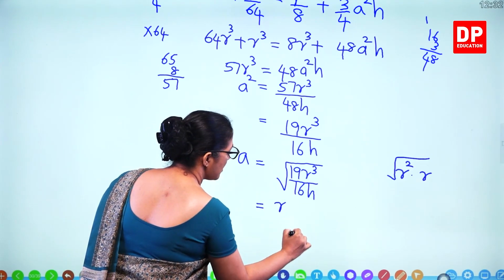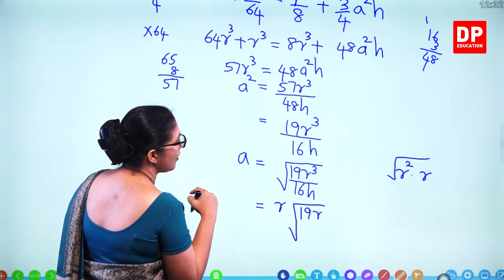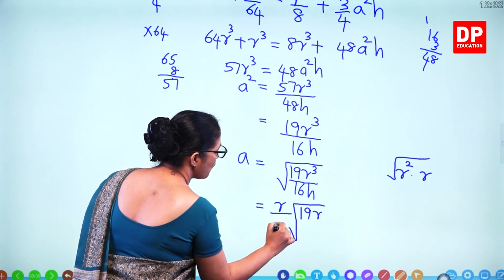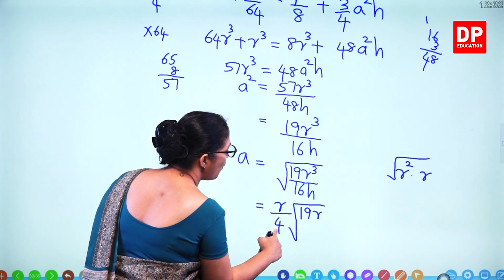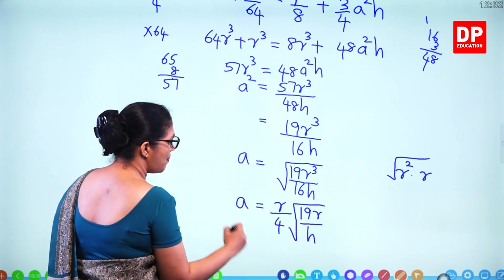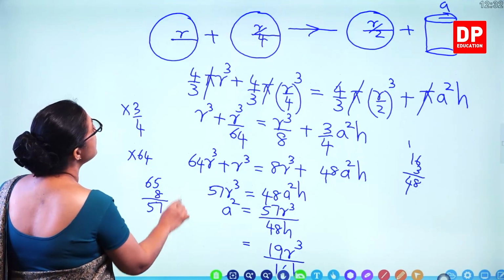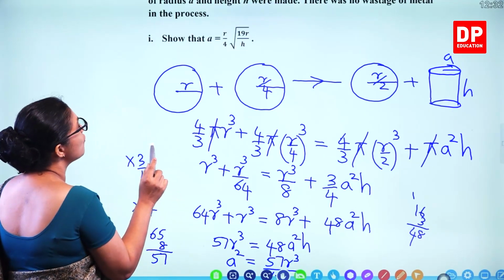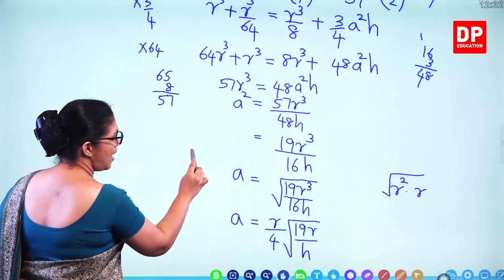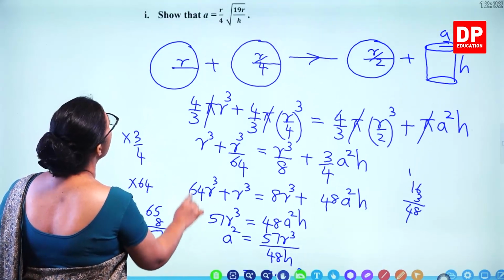One r is inside, and the square root of 16 is 4. r over 4, and this one is h. a becomes this. Just check whether it is r over 4, square root of 19 r over h. That's the answer, and that's the first part.